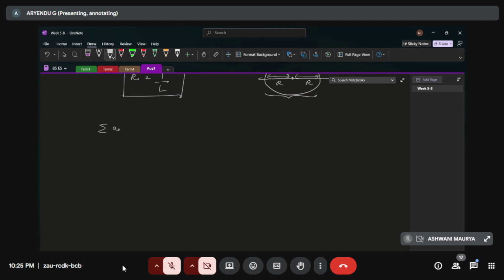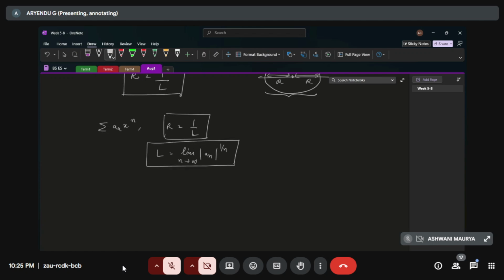So for a given series a raised to n, x raised to n, the radius of convergence r is equal to 1 by L, where L is equal to the limit of n tends to infinity of a raised to n, to the power 1 by n, as per the root test as we did earlier. And if we put this value here, we can get the value of r.